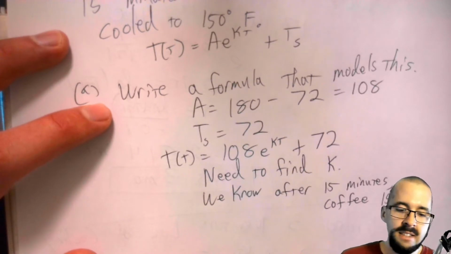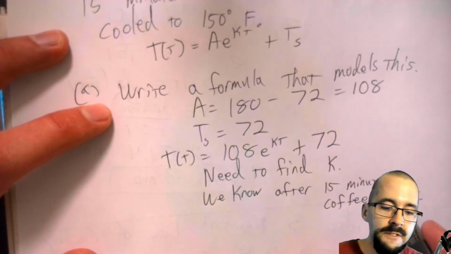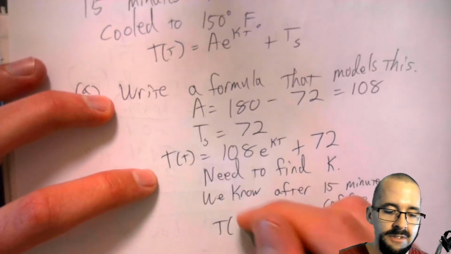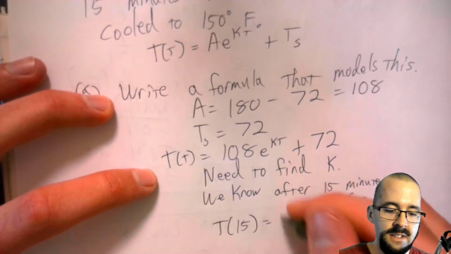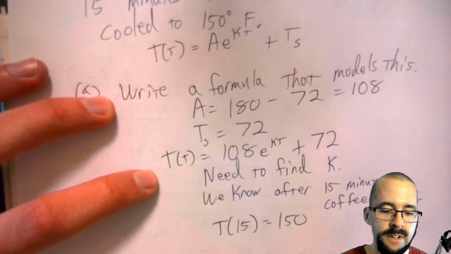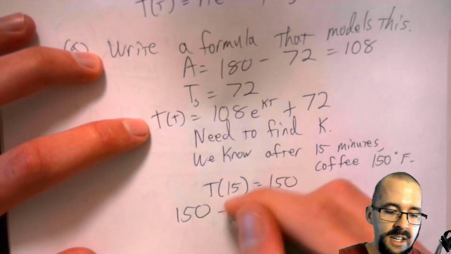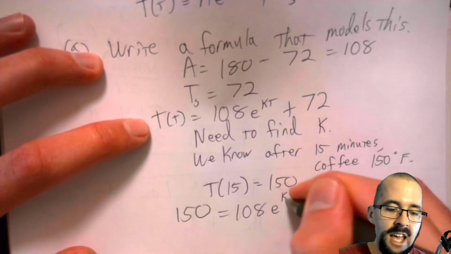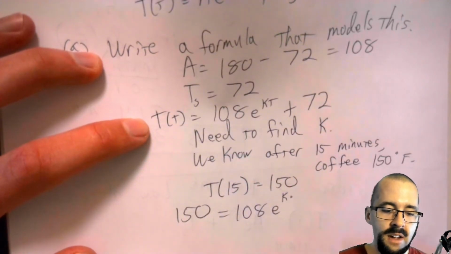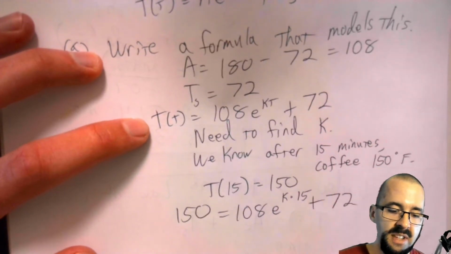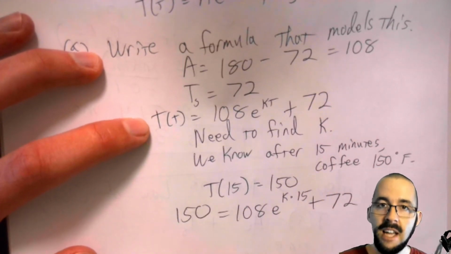So when t is equal to 15, the coffee is 150. We can write T of 15 is equal to 150. That becomes our left-hand side. We've got 150 equal to 108 e to the k, still don't know k, and this is when t is 15 minutes, plus 72.